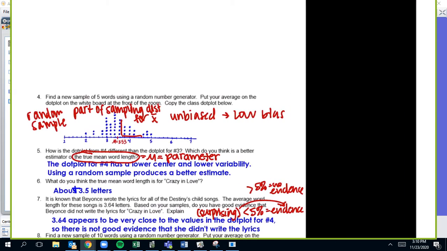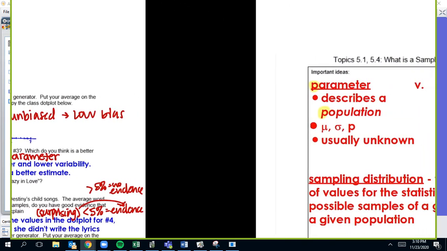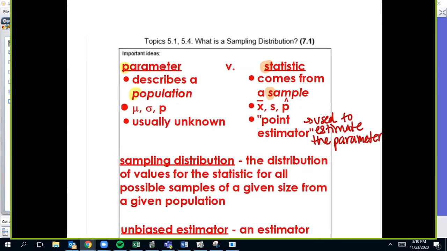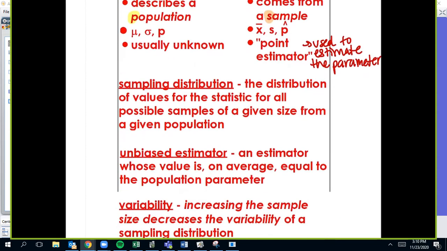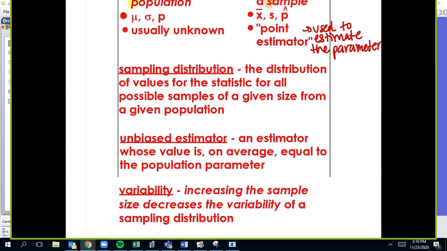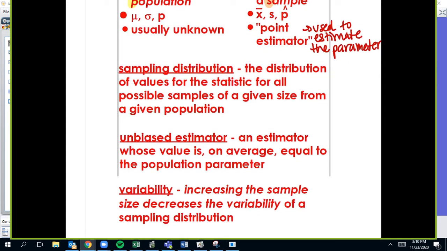And we'll talk more about the difference between the different types of distributions as we continue with this unit. But when you put a bunch of samples together and calculate something from them, like an X bar or a P hat, then that creates a sampling distribution. When the average of your sampling distribution equals what you're estimating, that's called an unbiased estimator.